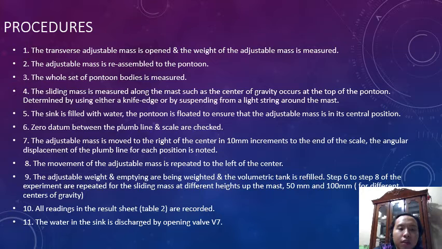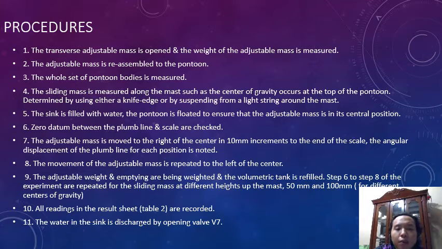Number 6, the zero datum between the plumb line and scale is checked. Number 7, the adjustable mesh is moved to the right of the center in 10 mm increments to the end of the scale. The angular displacement of the plumb line for each position is noted. Number 8, the movement of the adjustable mesh is repeated to the left of the center.